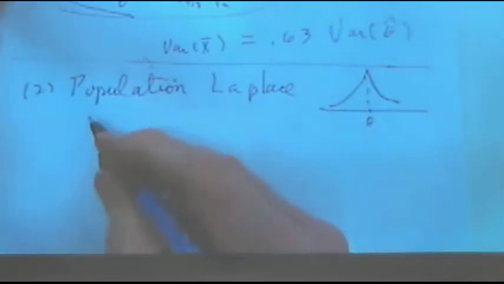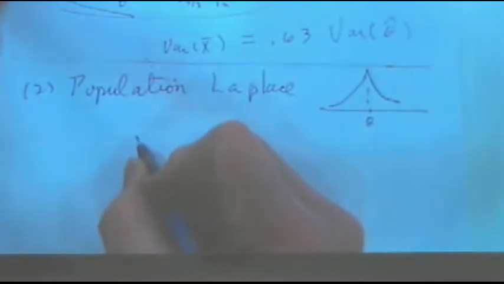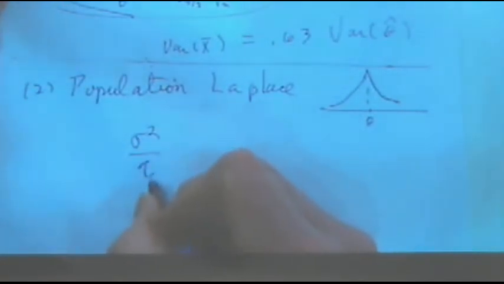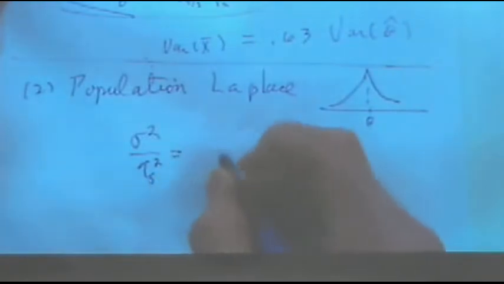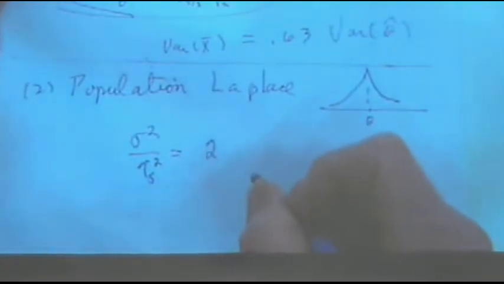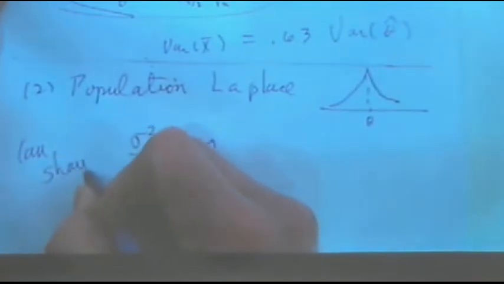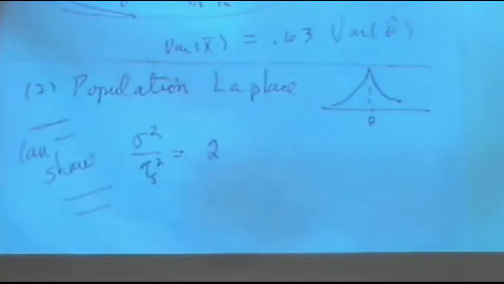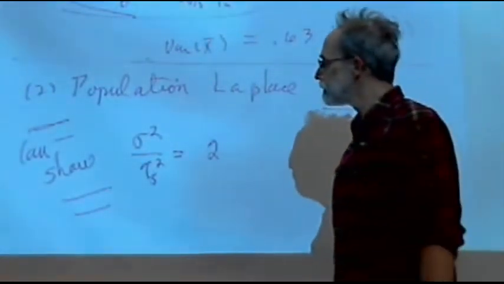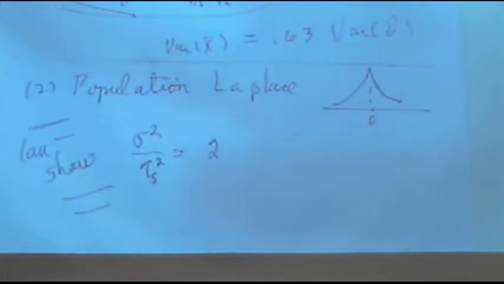But then you can show that this ratio comes out to 2. You can add some math to show that from the screen. That's not the purpose of this class.